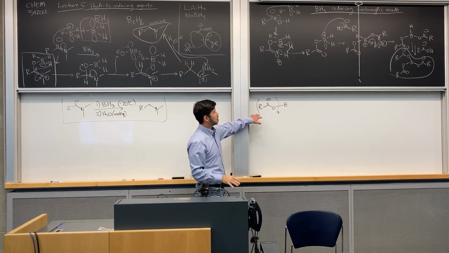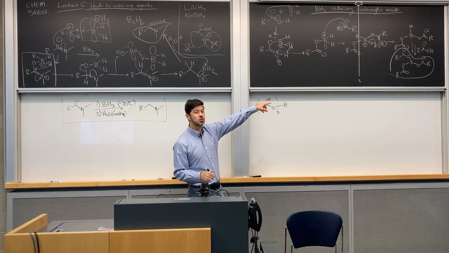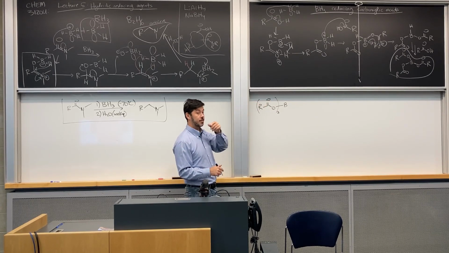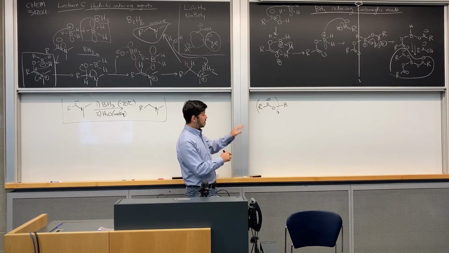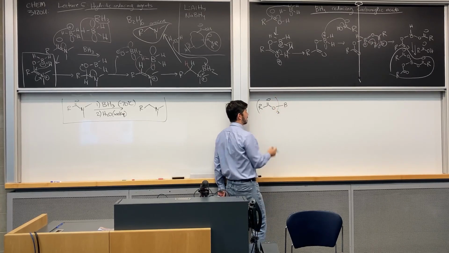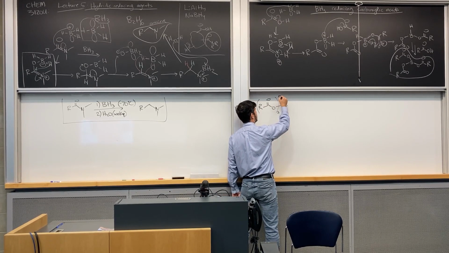Okay, so this is going to correspond to the same trimer structure that I have in the upper right hand corner there that I've circled. All right, so at this stage here, we haven't done any reduction yet, but keep in mind that we have boron hydride present.